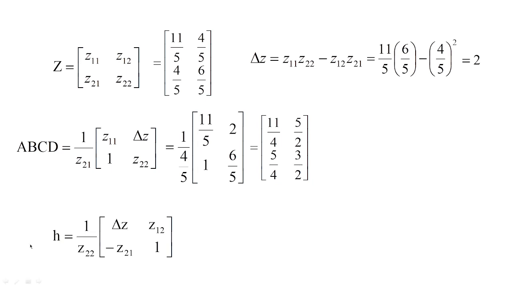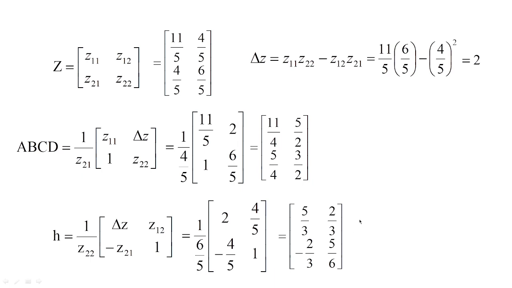Also, we can obtain H parameters, which is given by 1 by Z22, delta Z, Z12 minus Z21 and 1. And you are going to get the values of H parameters as 5 by 3, 2 by 3, minus 2 by 3 and 5 by 6. Please answer in the chat box whether you have employed the H parameters, the original approach, as well as this shortcut method, and you got the same result or not.